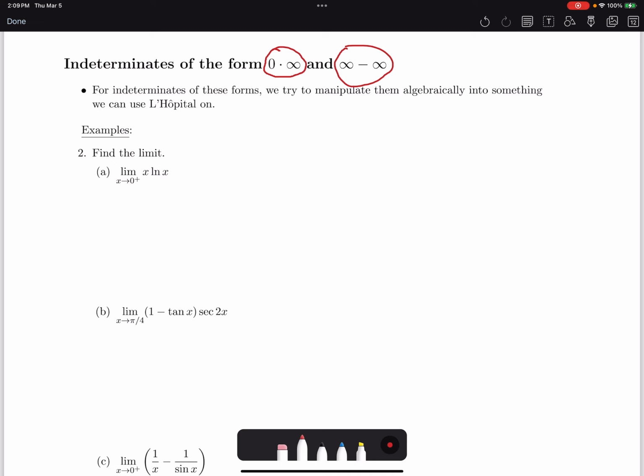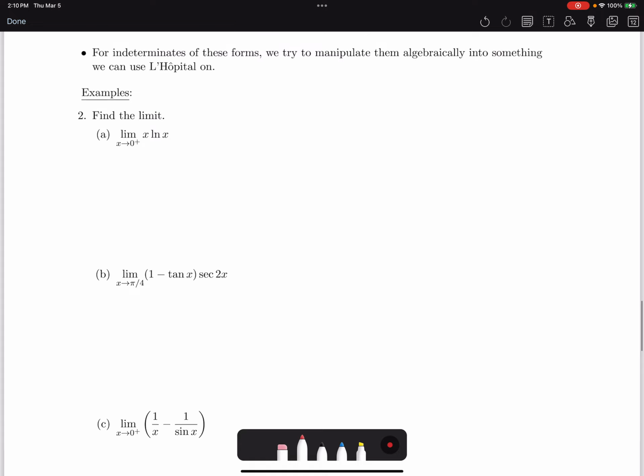So we can't use L'Hopital on these, but we can maybe do some algebra on them to get them into a format where we can use L'Hopital. Okay, and so that's going to be the strategy whenever you encounter 0 times infinity or infinity minus infinity, right? That's the strategy. Get them into a format where we can apply L'Hopital. Let me just show you how that's done, okay?